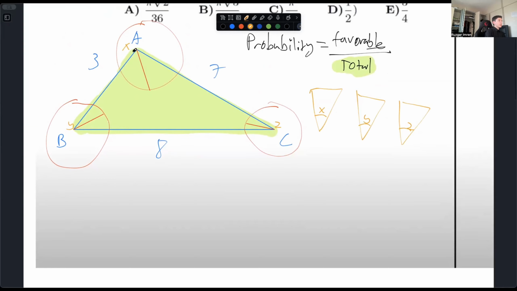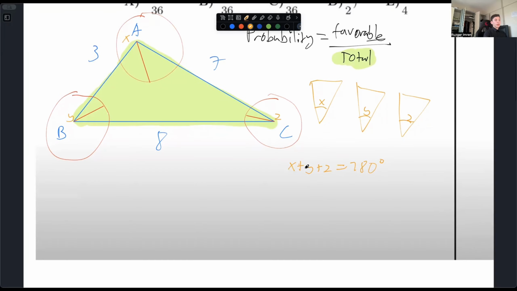Because this is a triangle and we also have the outer angles there, it is obviously seen that x plus y plus z is equal to 180 degrees.